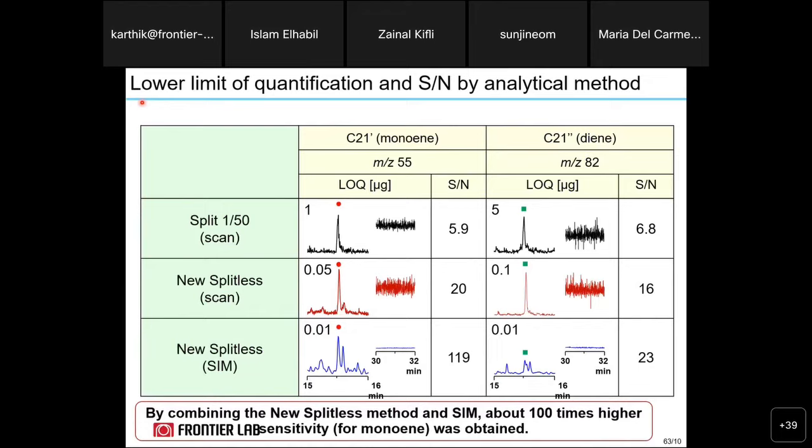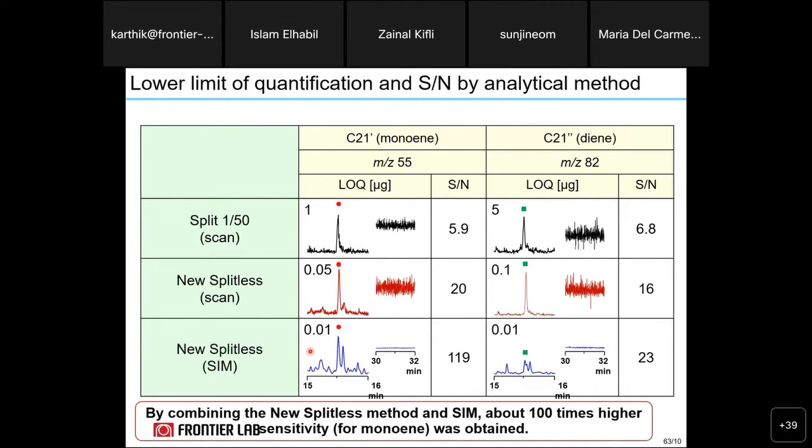So this slide shows the lower limit of quantification based on the signal to noise ratio. With the split ratio, your lowest detection can be like 1 microgram, whereas in the new splitless it can go to 0.05, and with the SIM mode it can go to 0.01.